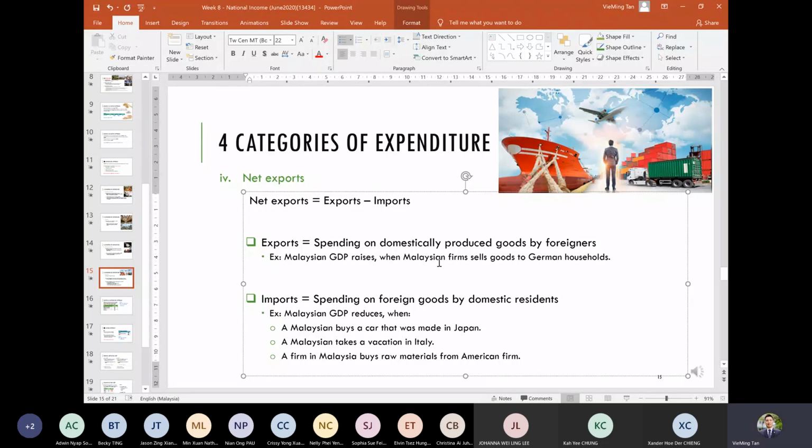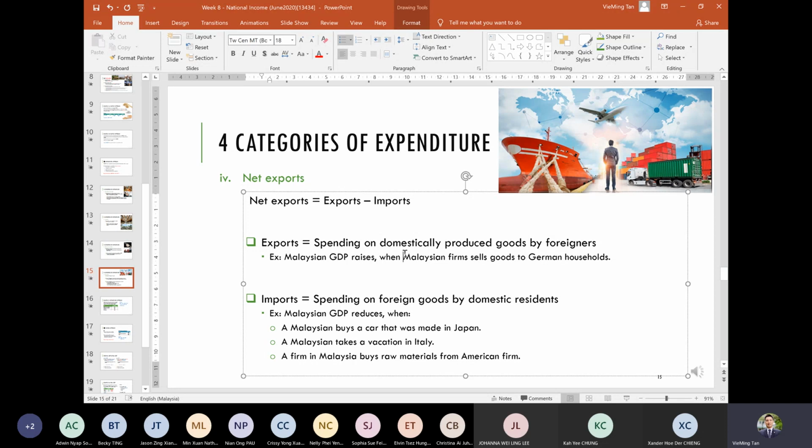Let's say now if you want to calculate the Malaysia GDP, and the Malaysian firms are able to sell goods to German households. So what is the impact then? That means this will increase the export of Malaysia. As a result, the GDP of Malaysia will increase.